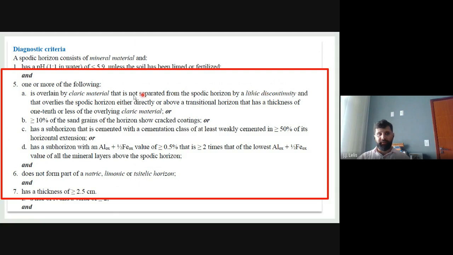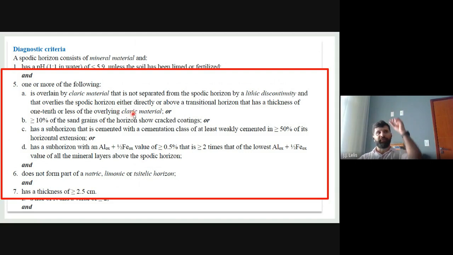and if this material is overlaid, this horizon, okay, or if we have a transition horizon, this transition horizon has less than 1/10 of the overlaying albic material.